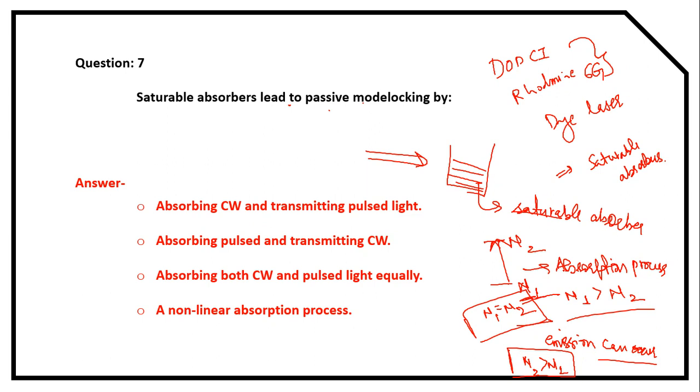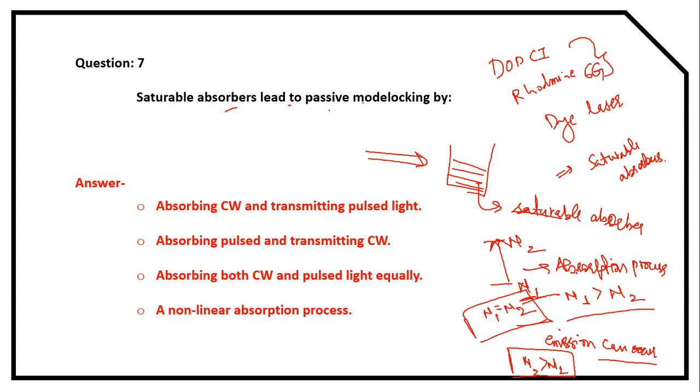What does this saturable absorber conclude by doing these things? The first thing: if the intensity of light is sufficiently low, it can only excite the n1 population to some extent, and never will the population of n2 be greater than n1. So most of the intensity of light is absorbed.